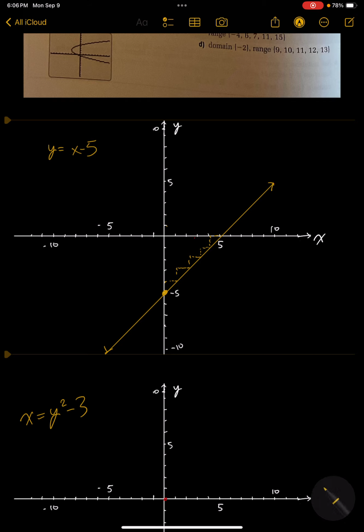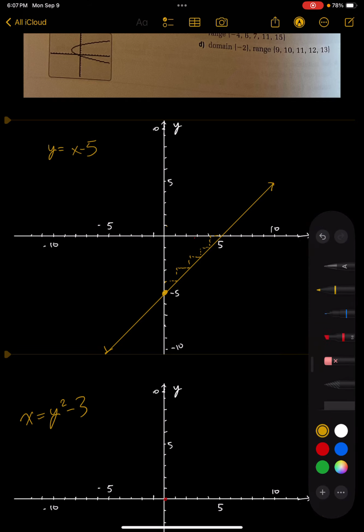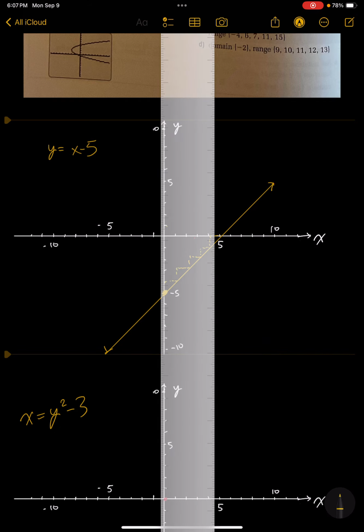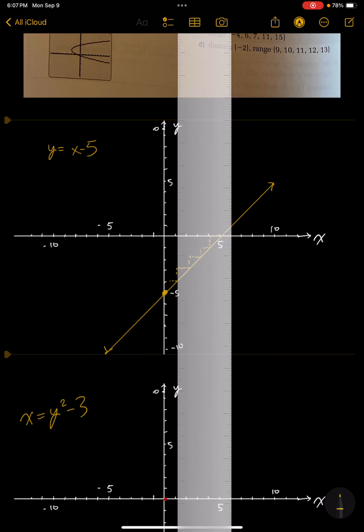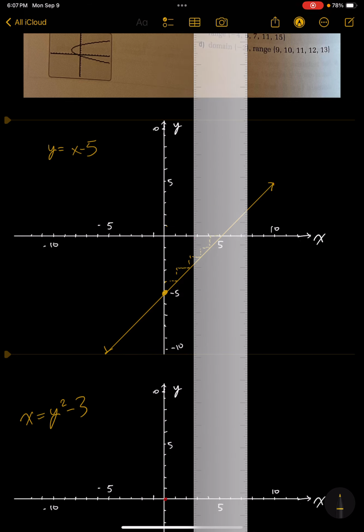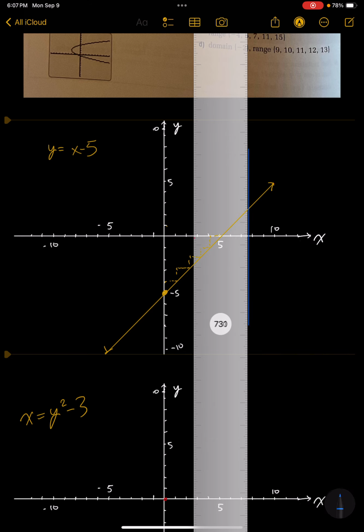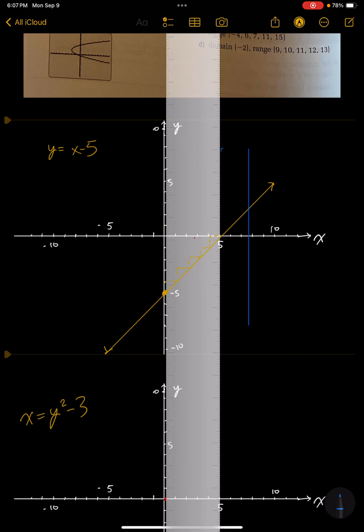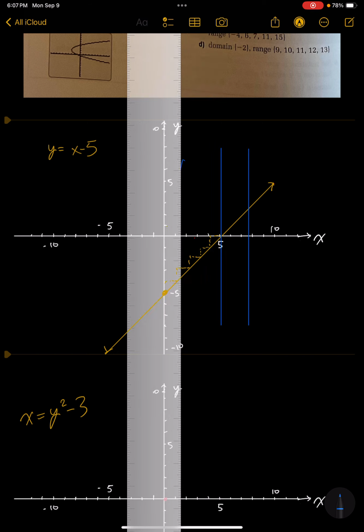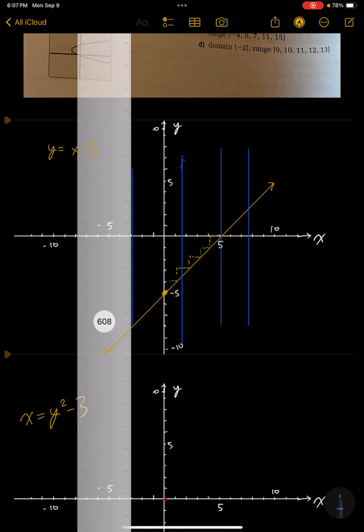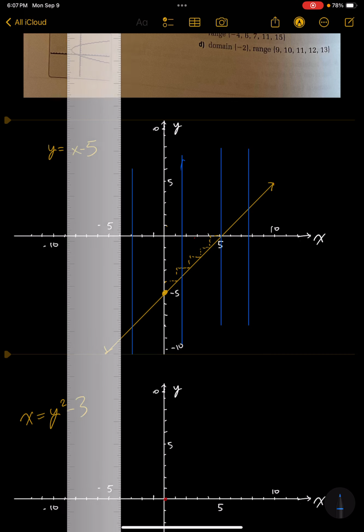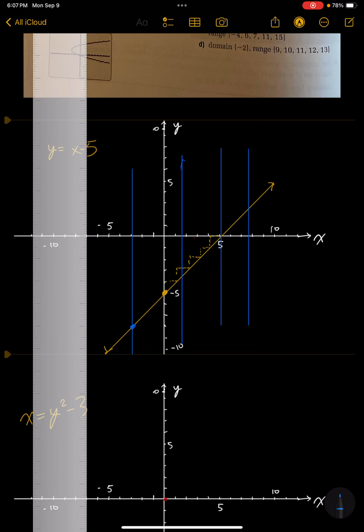So is this a function? That's what our question asks. And what that means is you take a ruler, or you just look at it, and you ask yourself, at any given point, if I draw a vertical line anywhere on my graph, or on my relation, how many values of y are there for that value of x?